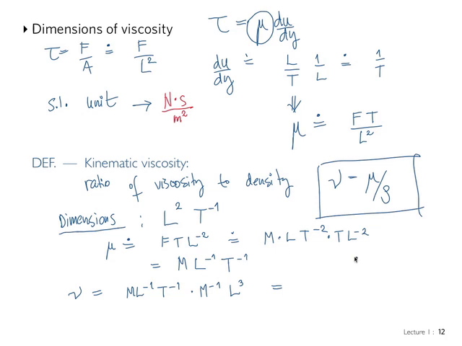So here now we can cancel out the mass and so on, and you see that we're only left with length squared. Here's a minus 1 with a 3. So we get length squared and time to the minus 1. The SI units are meters squared per second.